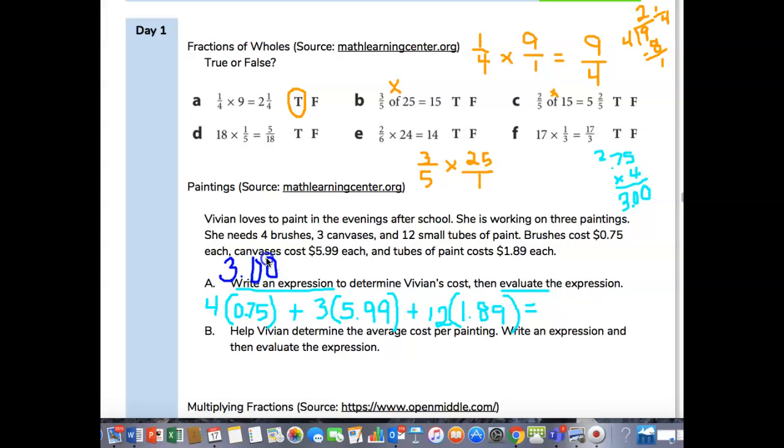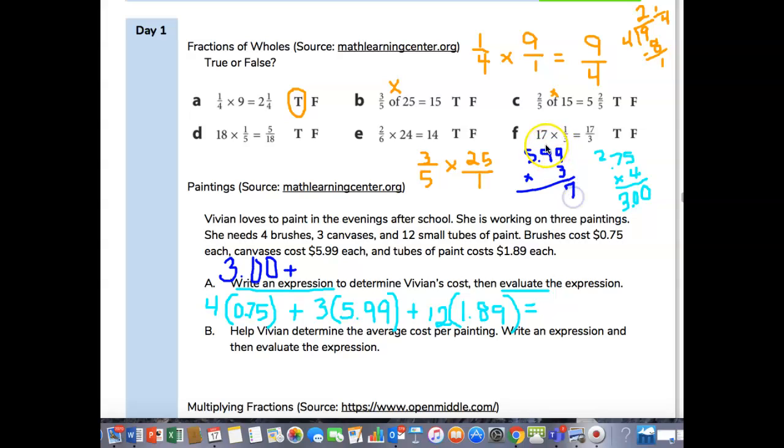Okay? All right, now we have to add the canvases and the paint. All right, so $5.99 for each canvas. And there were 3 canvases. So let's take a look at this. 3 times 9 is 27.